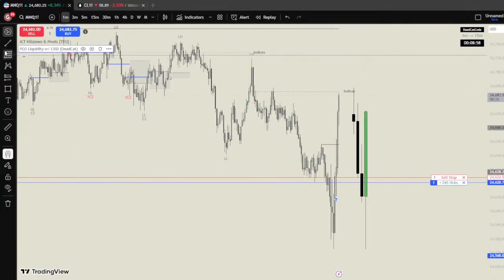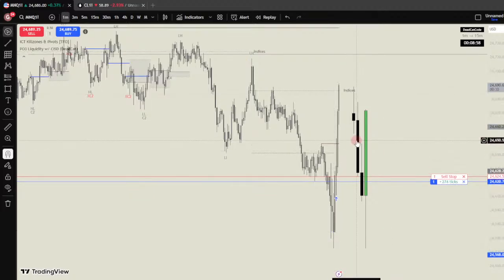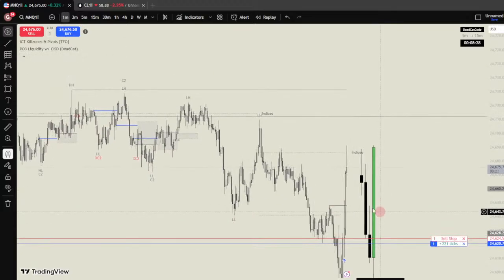All right, look how we're trading now at this equilibrium, right? We're obviously not respecting it. So I'm still expecting these highs to be ran eventually.